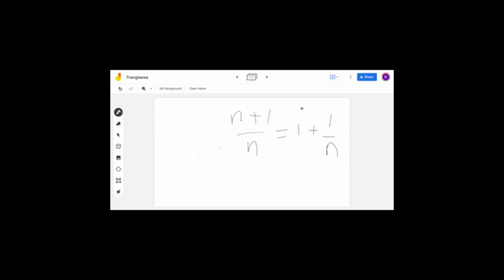When n becomes very large, let's say I make n like 10 to the power 100, that many small tiles, then how much will this become?